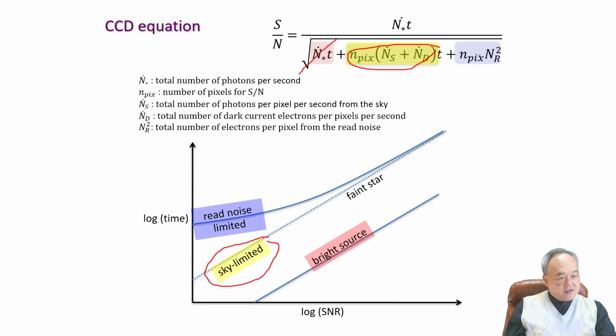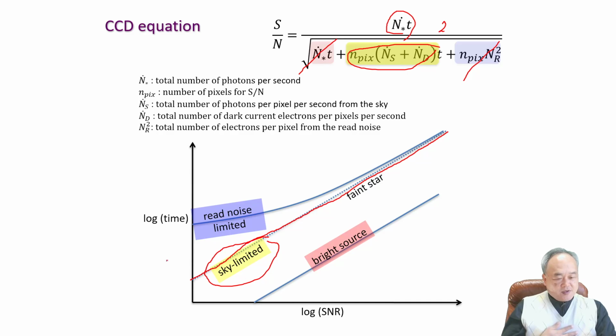Then the first term is cancelled, the second term dominates, and the third term is negligible. Then overall, again, the log of the signal to noise ratio is proportional to 2 times log of t, with the same slope. But because we are observing a faint source, the source count on top is less compared to the bright source case.